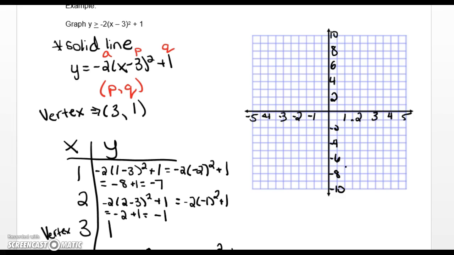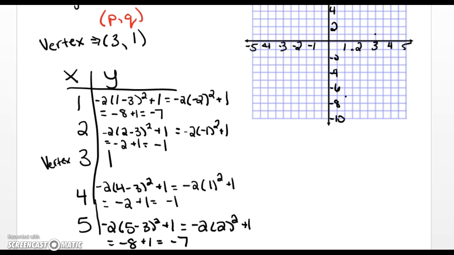Then we have x equal to 3, y is equal to 1. Looking down here, x equal to 4, y is equal to negative 1. Then x equal to 5, y is equal to negative 7.